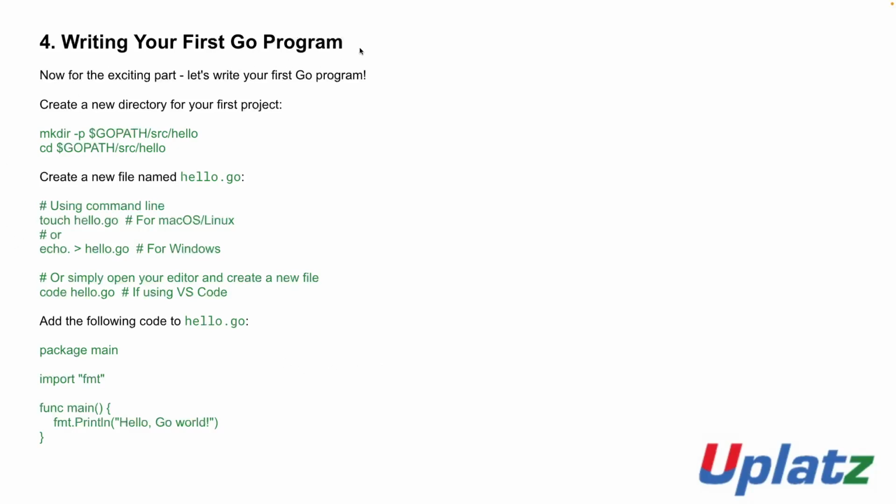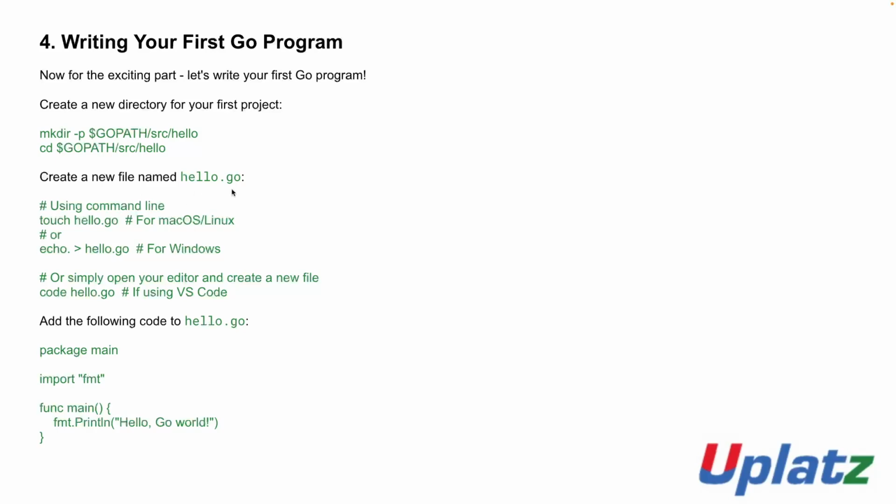Writing your first Go program. Now for the exciting part. Let's write your first Go program. Create a new directory for your first project, mkdir -p $GOPATH/src/hello. We don't do this. We shall create a directory in our preferred folder, then write that one.